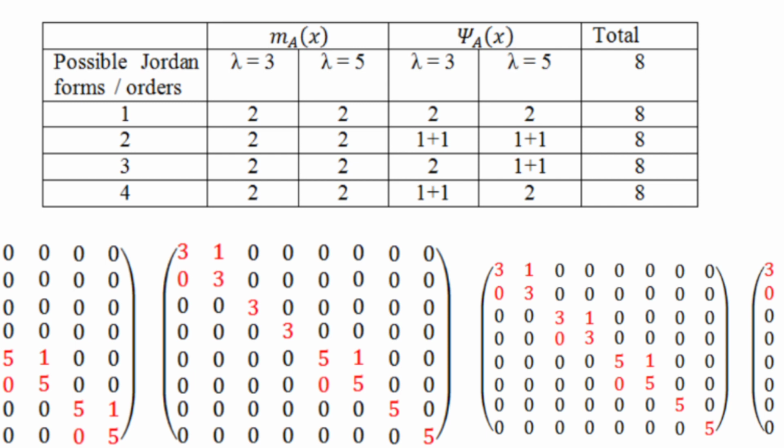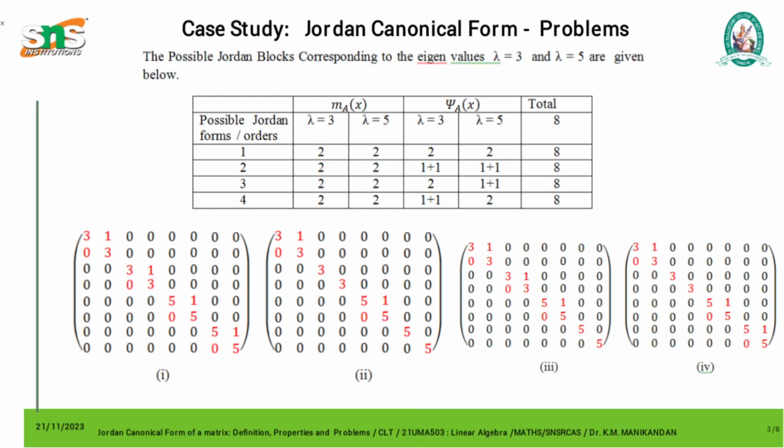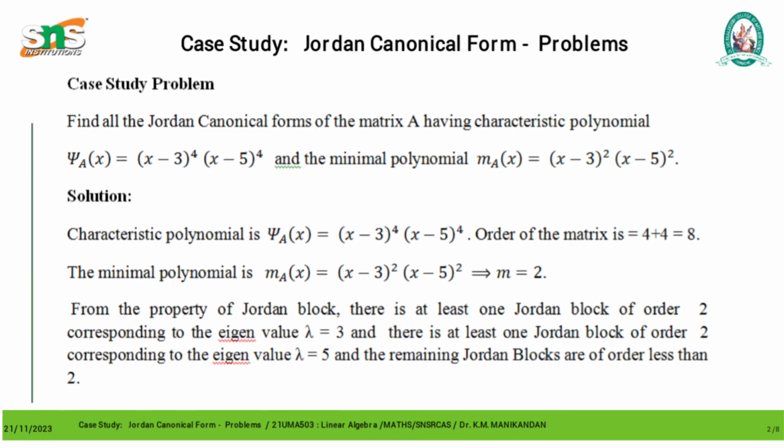The order should not exceed 8. Comparing with the previous one, in chi A of x corresponding to lambda equal to 3, the maximum power is 4. Similarly, corresponding to lambda equal to 5, the maximum value is 4. So with respect to chi A of x the orders should not exceed 4, and with respect to m A of x the order should not exceed 2.